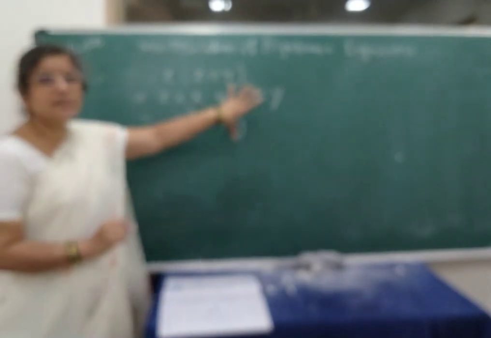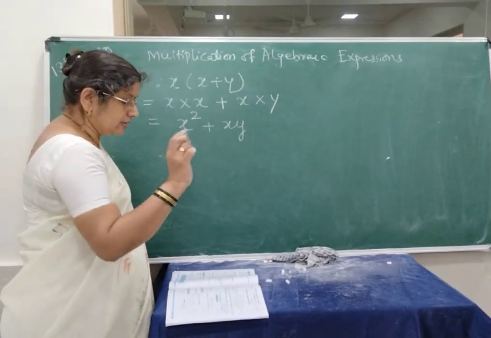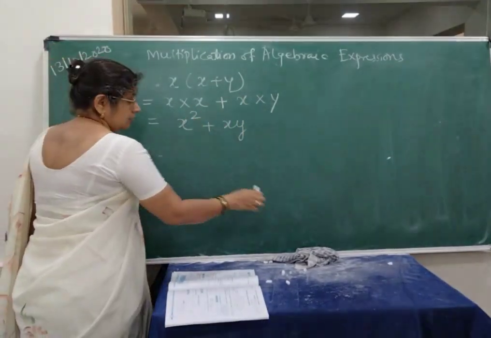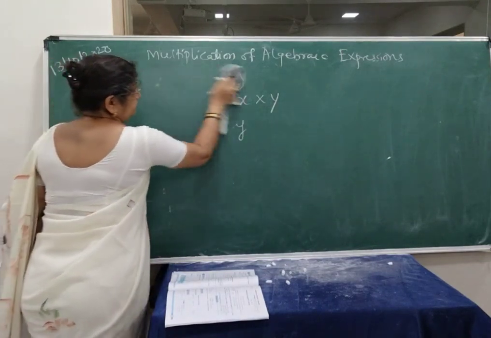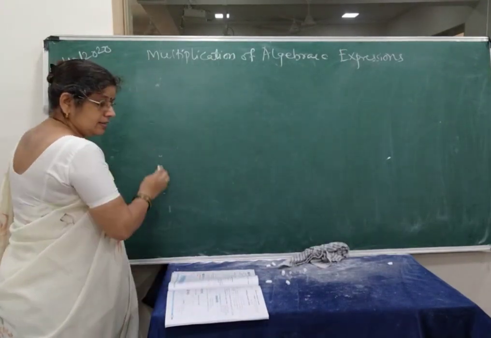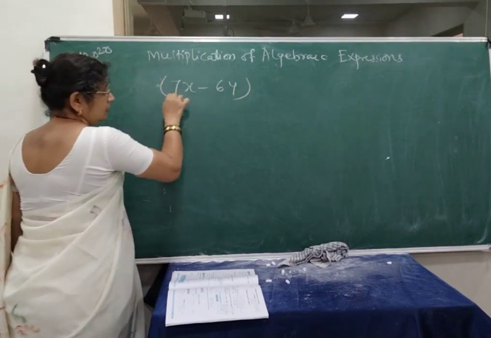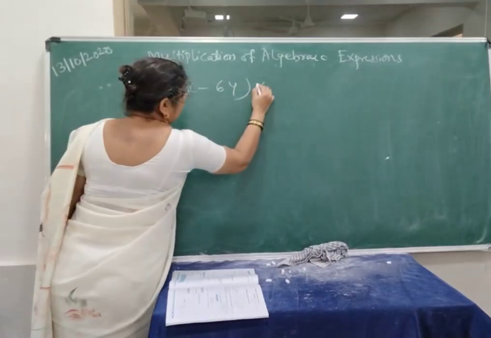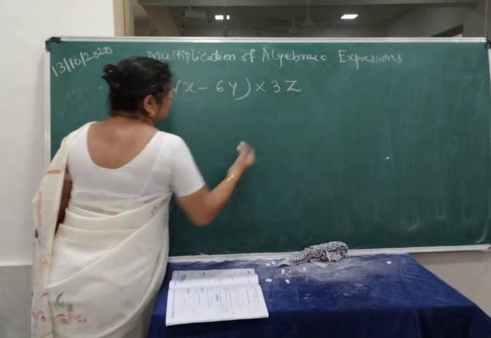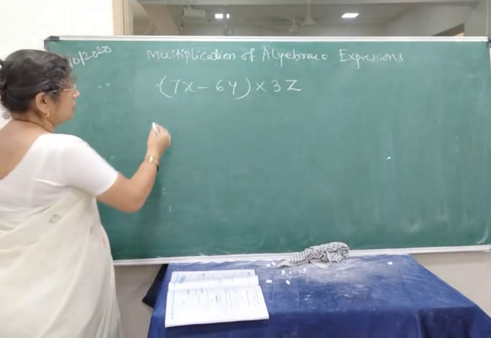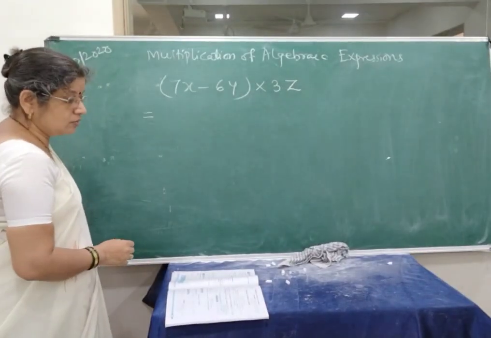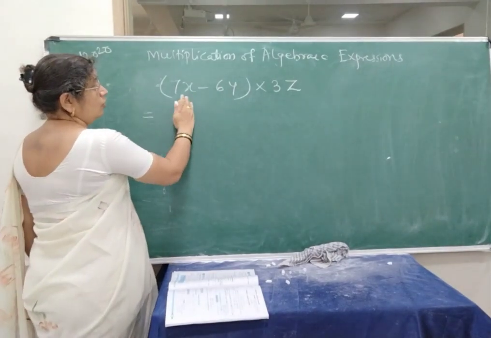Now this was a simple example. We will see a little different one. Another example is 7x minus 6y, multiplied by 3z. How to solve this? First we will open the bracket.